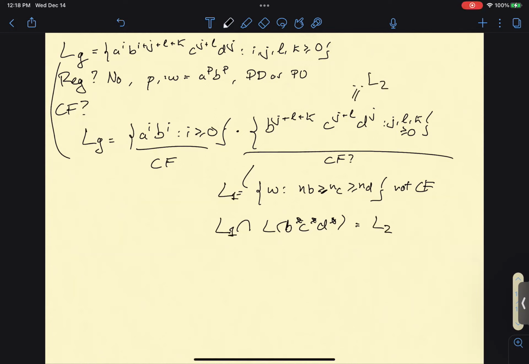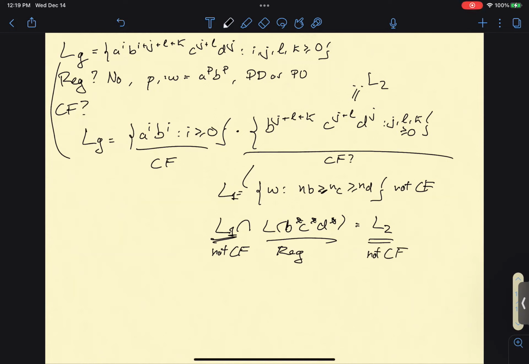And then I was going to say this is a contradiction, but this doesn't work. Why does this not work? Because if you have something that's not context free, and something that's regular, it doesn't mean that the intersection is not context free.